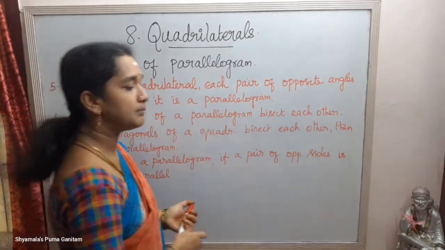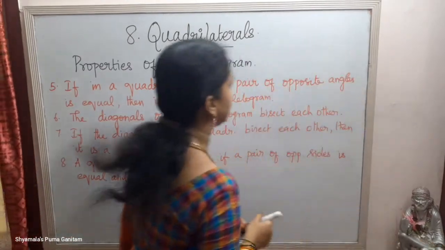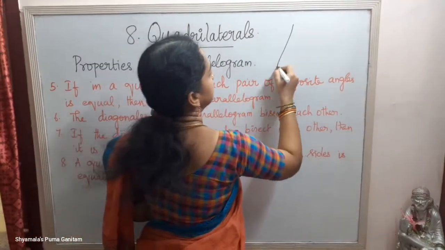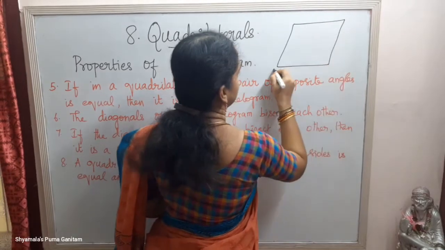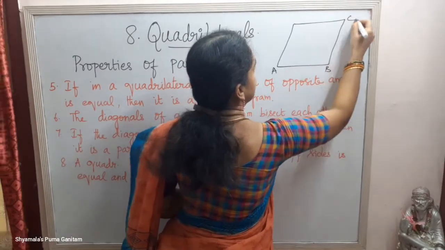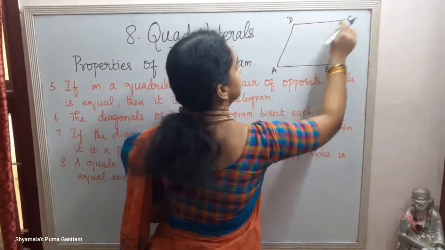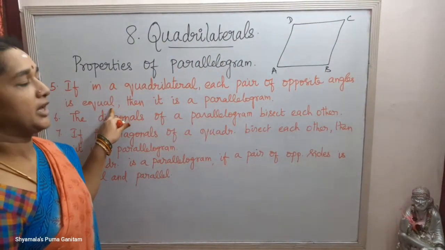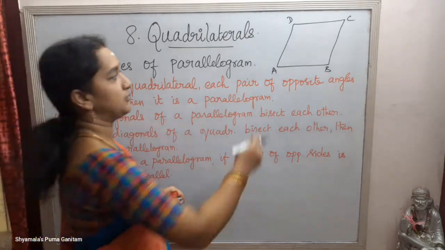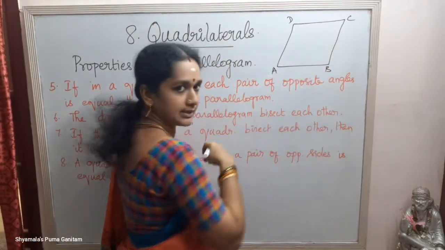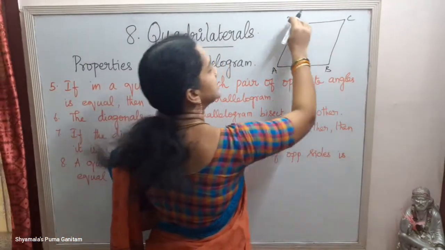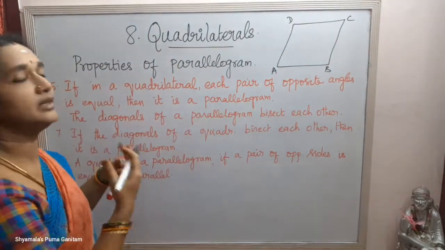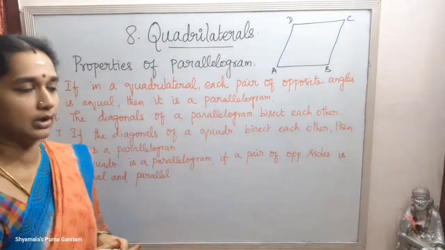If you take ABCD as a quadrilateral, and angle A is equal to angle C and angle B is equal to angle D, each pair of opposite angles being equal, then we will say it is a parallelogram.